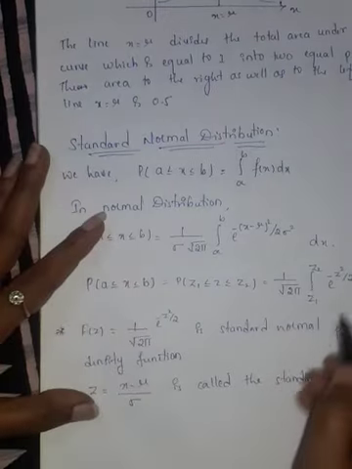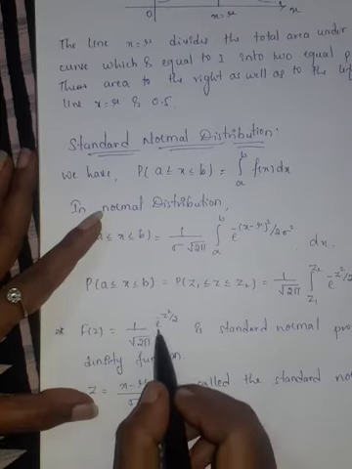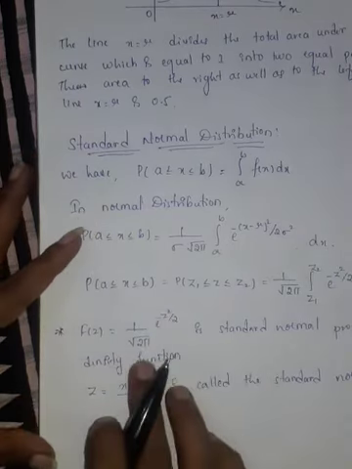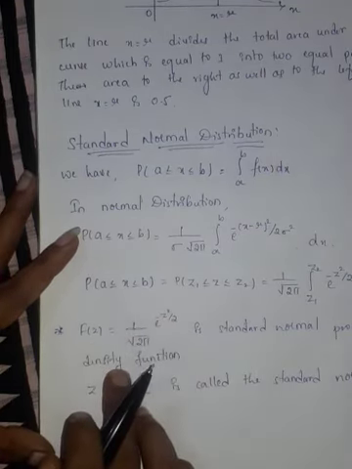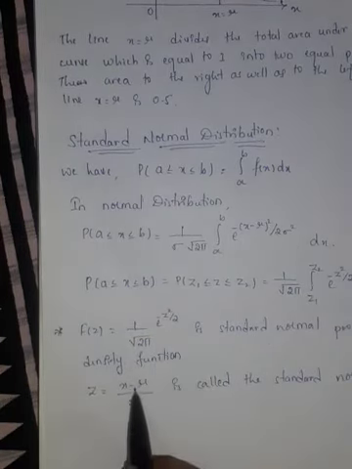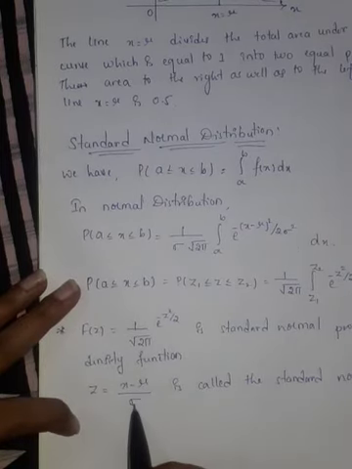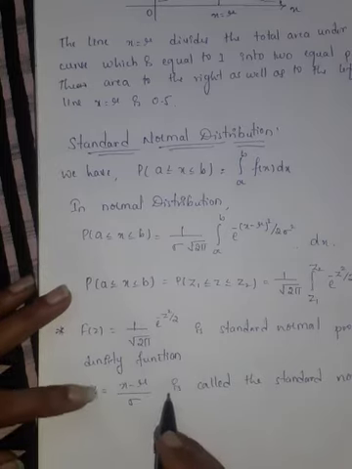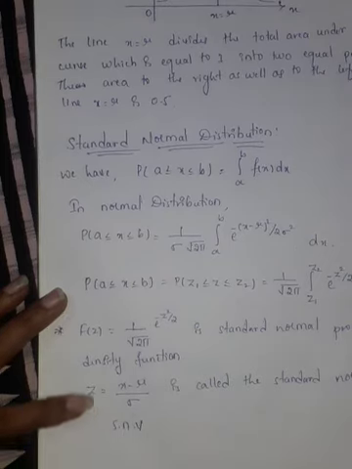Now this term, 1 by root 2 pi into e raised to minus z square by 2, is called the standard normal probability density function, and z is equal to x minus mu divided by sigma, where mu is the mean and sigma is the standard deviation. This is called the standard normal variate, that is SNV.